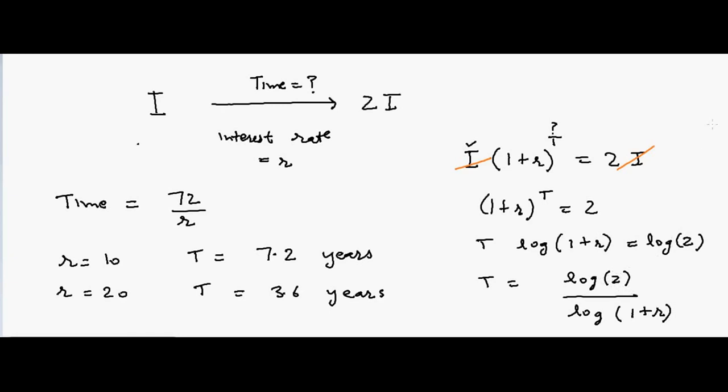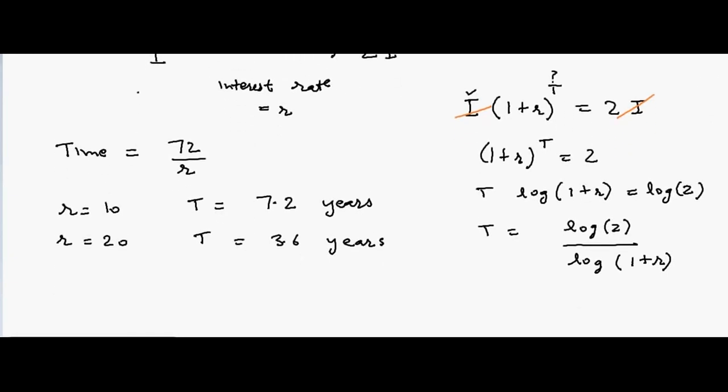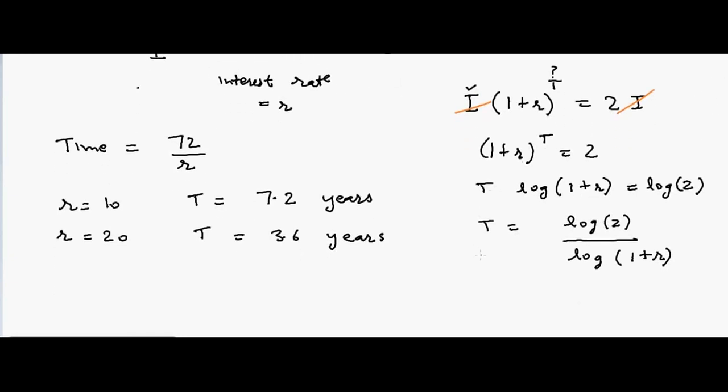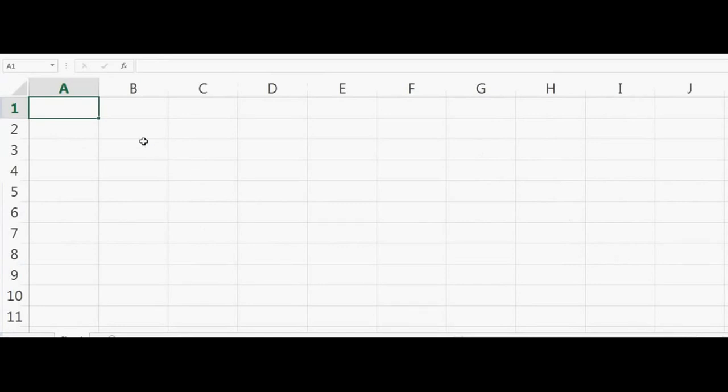Now if I go to Excel and try to solve this equation, suppose we have R, and we start with 2, 3, 4, 5, which is the rate of interest. And then we have time.